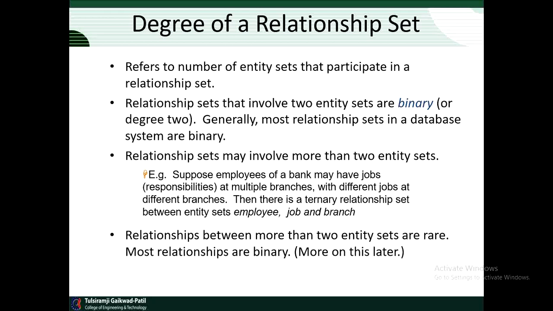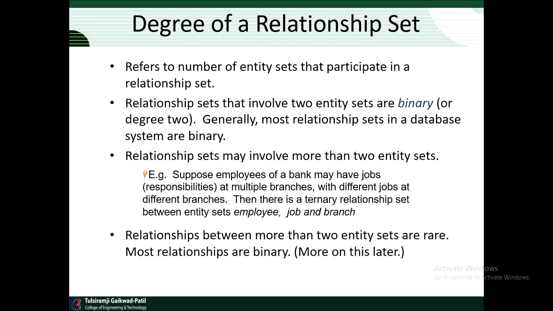A relationship set that involves two entity sets is called binary, or degree 2. Generally most relationship sets in a database system are binary relationship sets. A relationship set may involve more than two entity sets also.